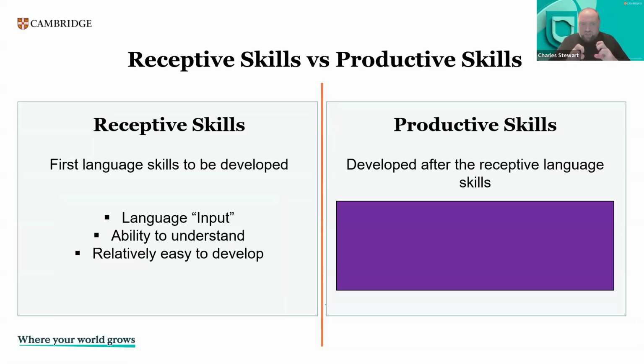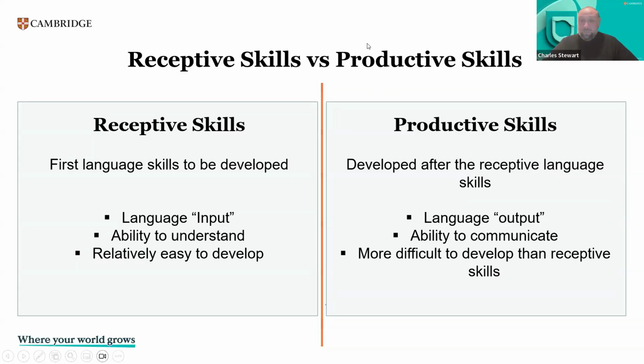You're gathering the information, you're developing the ability to understand, and usually listening and reading are relatively easy skills to develop in the classroom. Even weaker students or students that are a bit shyer in the classroom typically respond very well to receptive skills. Now, with productive skills, which of these 4 skills are productive skills? Absolutely. Someone wrote writing and speaking is the other one, which are a bit harder for some students, especially speaking.